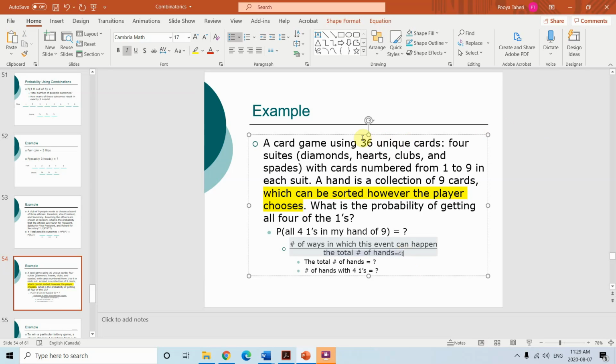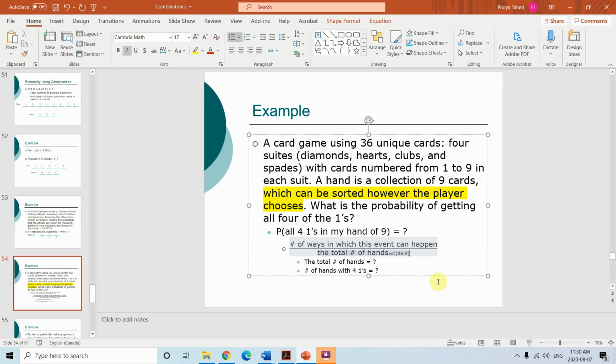We have 36 unique cards and we want to choose 9 of them, so it's going to be 36 choose 9, or the combination of 9 out of 36 cards. These are the total number of hands we can have.